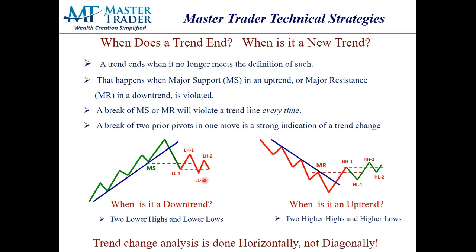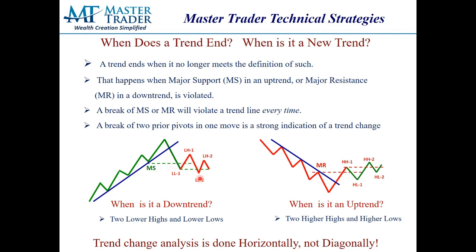Now that isn't to say that we can't trade it from the short side before it's in a downtrend. Once it breaks through major support, well, then we make an assumption. We don't know for sure yet, but we make an assumption that it will make lower high 1 because it broke through major support.